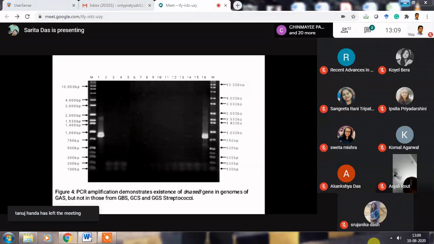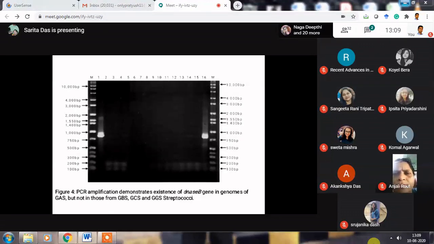the DNase B was absent. The positive strains were run in lane 1, strain 90226, and another strain of group A. Both strains run in lane 1 and lane 16 belong to group A strep, or Streptococcus pyogenes.